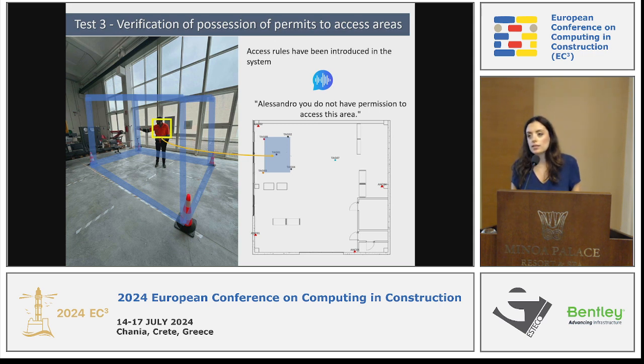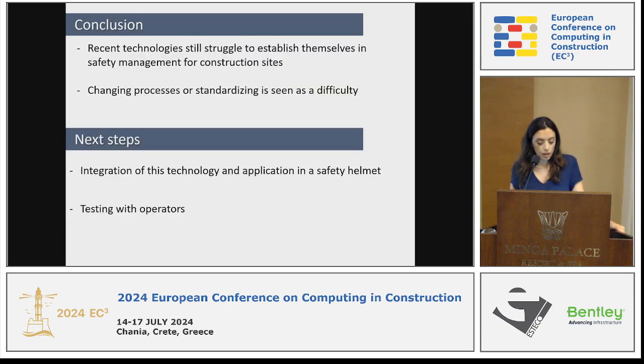And in this case, the verification can be done. So the person can be detected inside the real space and then verified that the person has the permits to be in the real space, or that they are not doing a dangerous operation. So in this case, the message was: Alessandro, you do not have permission to access this area.